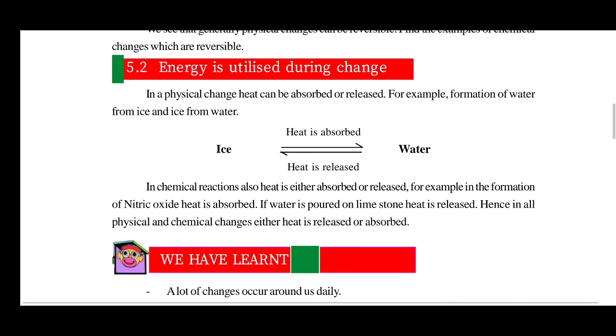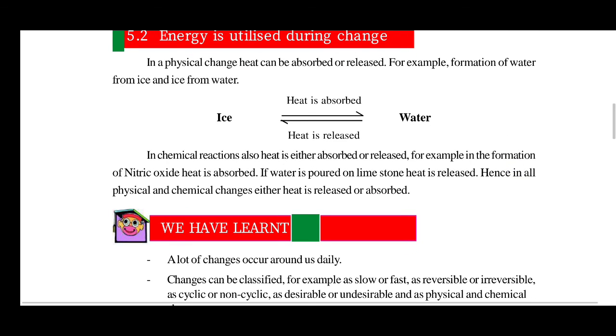Next, energy is utilized during change. In a physical change, heat can be absorbed or released. For example, formation of water from ice and ice from water. You can see in the diagram here, the ice is turning to water and after cooling, it becomes ice again. In a chemical reaction also, heat is either absorbed or released.